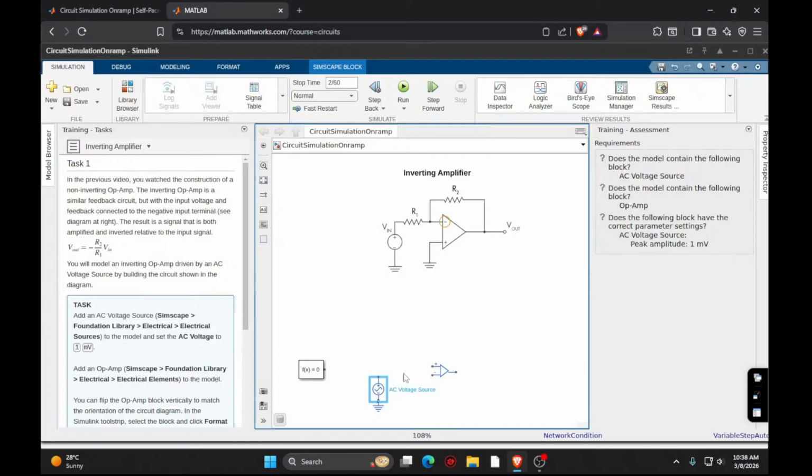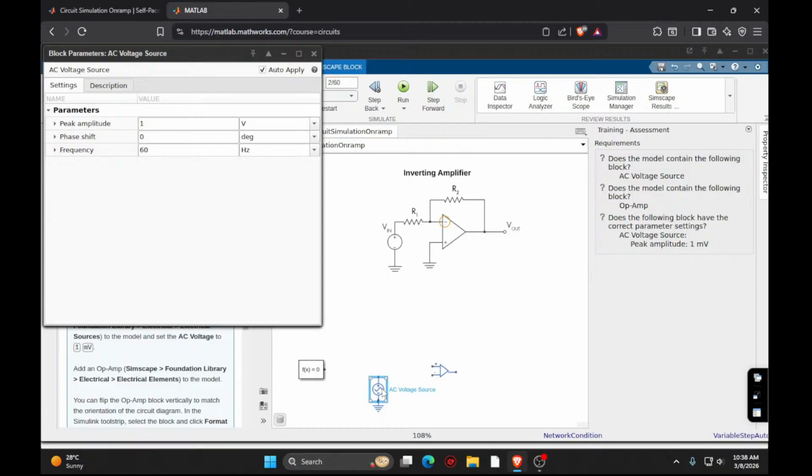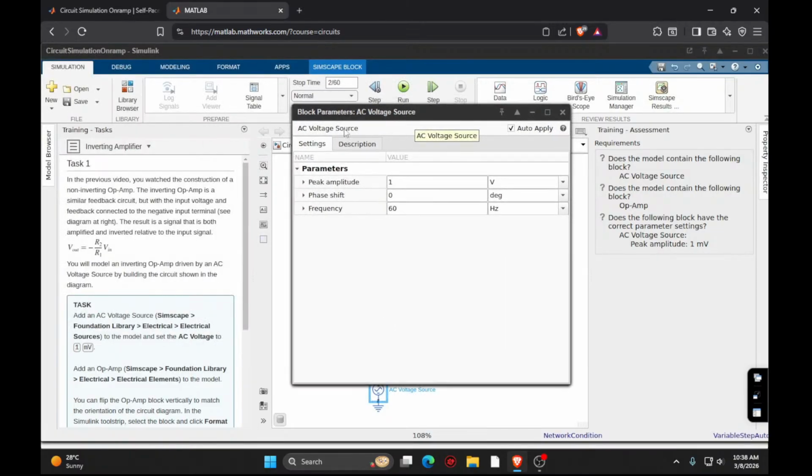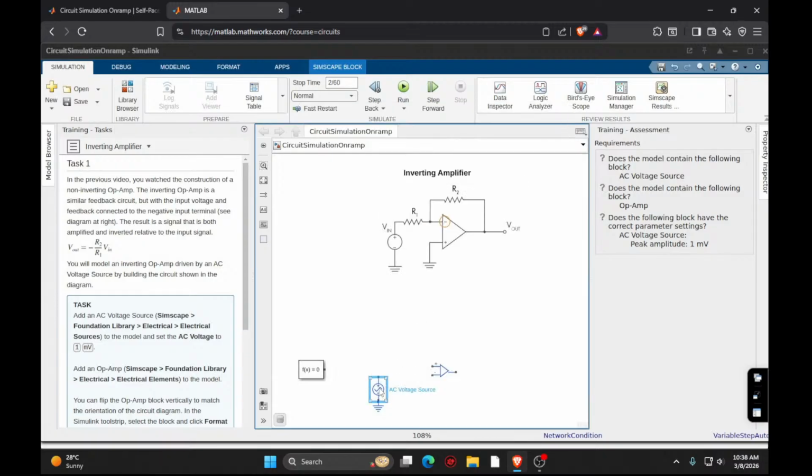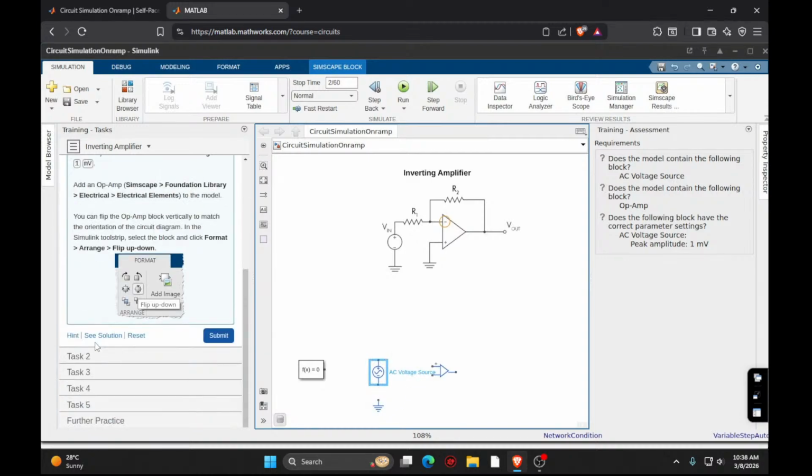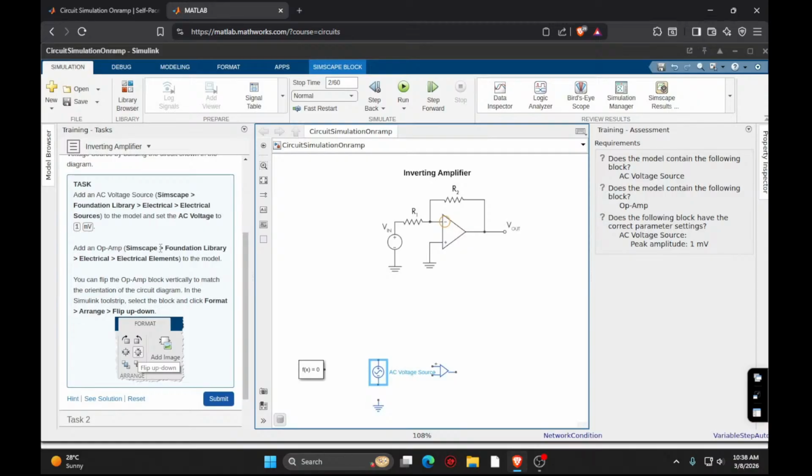Now, set the AC voltage peak to 1 millivolt. And add an operational amplifier to the model. You can flip that vertically.